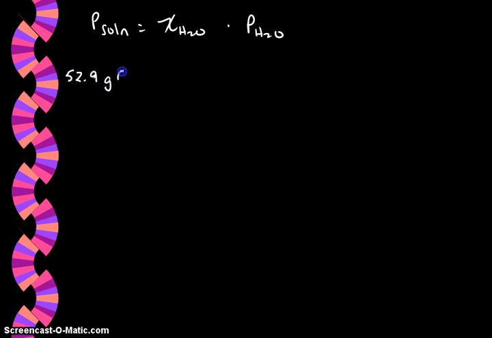So we have 52.9 grams of copper chloride that we're dissolving in our water. But copper chloride is an electrolyte that's going to break up into ions. So our first step, 1 mole of copper chloride is 134.45 grams of copper chloride.